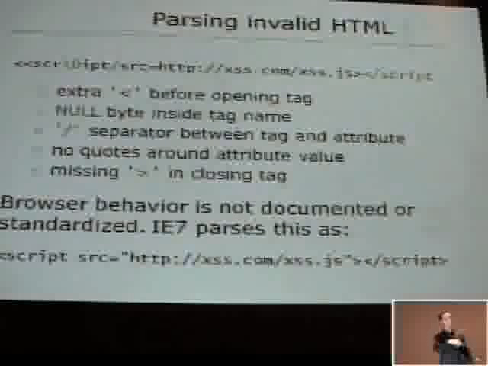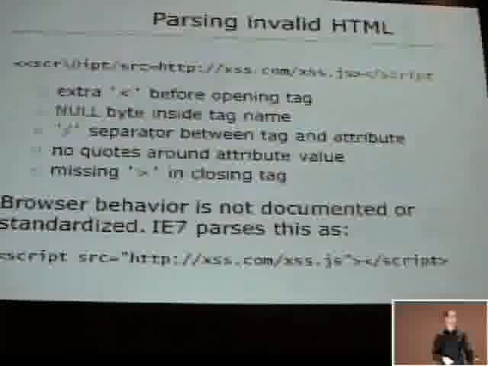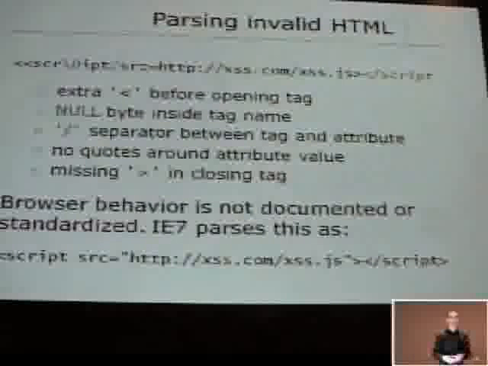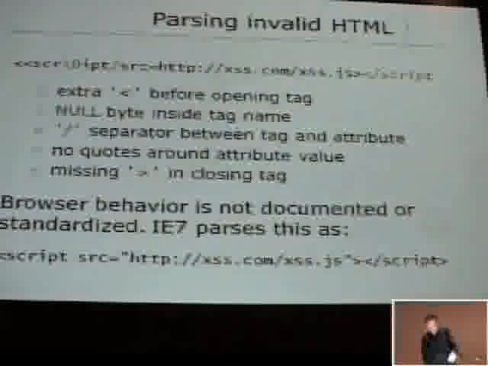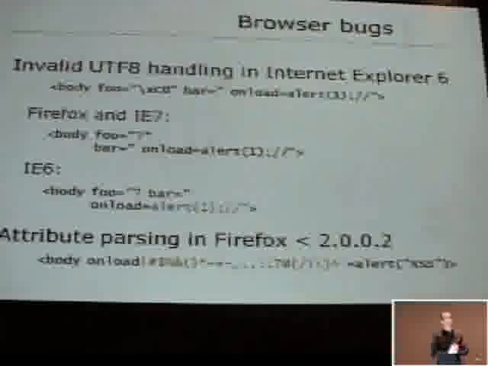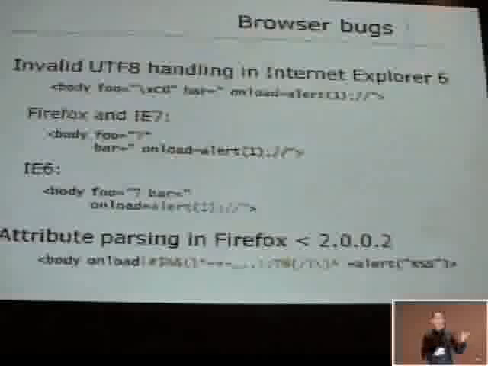So, for example, Internet Explorer will interpret this script tag as the script tag shown below. Firefox will not. I think because of the null byte, but if you remove the null byte, it'll work in Firefox too. And finally, you have just things that are just bugs in the browsers. And here are two examples. You should pay attention to these examples because these two particular things will come up in a later slide.